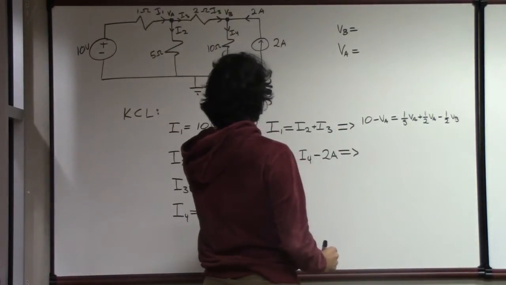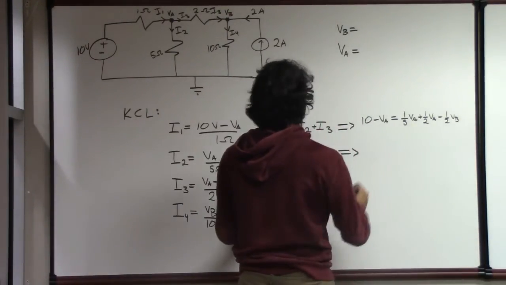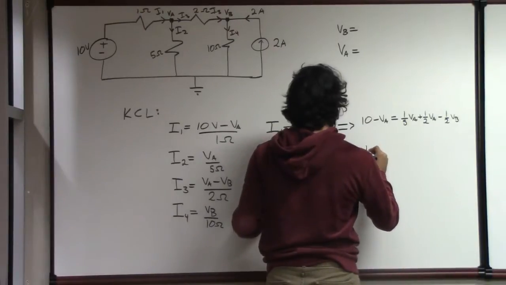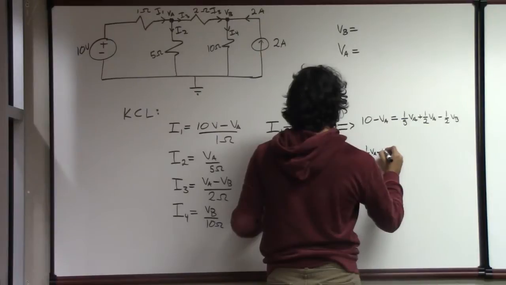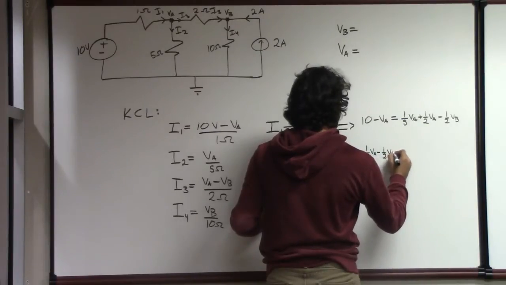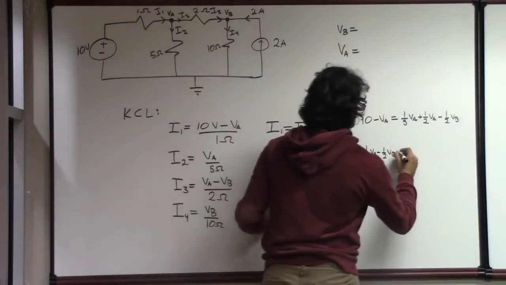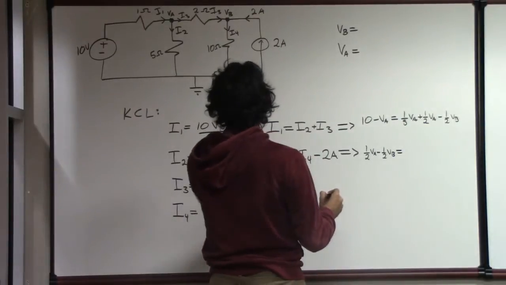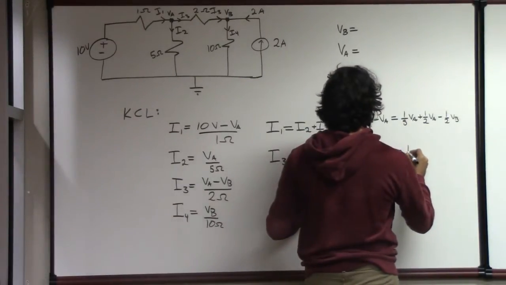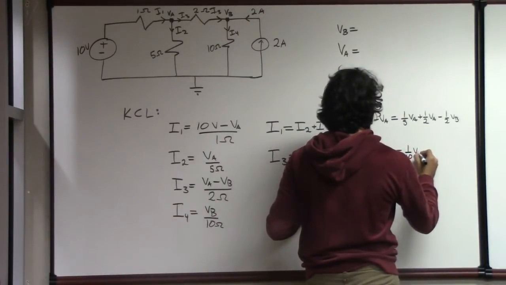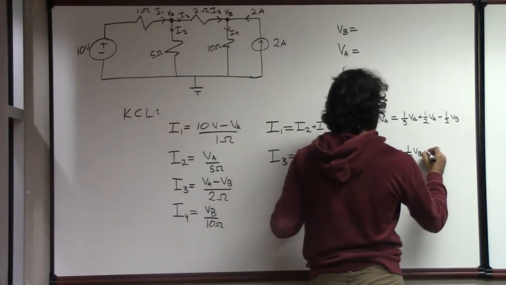And then here we're going to get a similar equation. I3 is 1/2 VA minus 1/2 VB, and this is equal to I4, 1/10 VB minus 2.